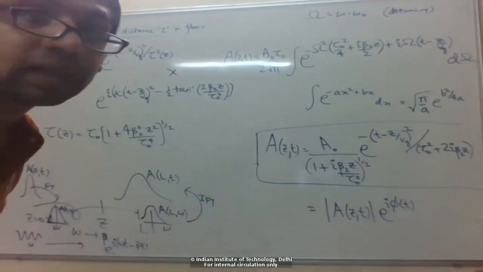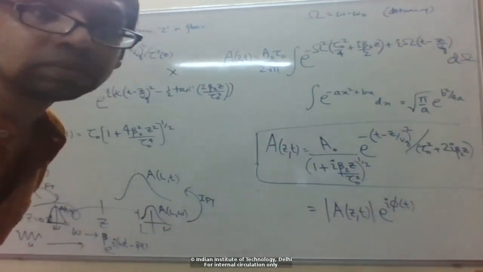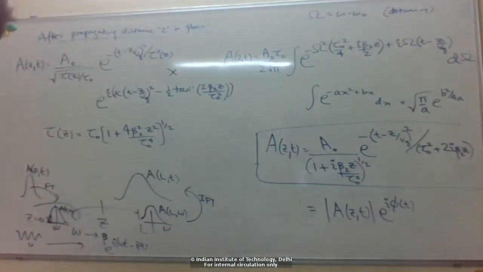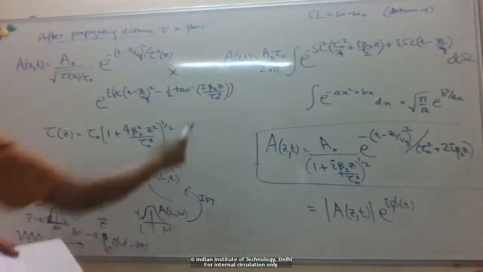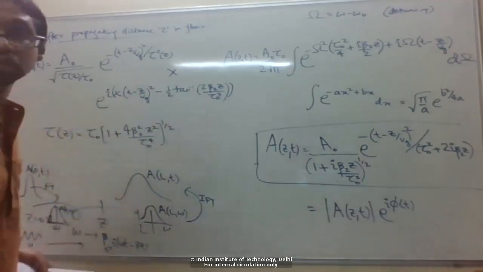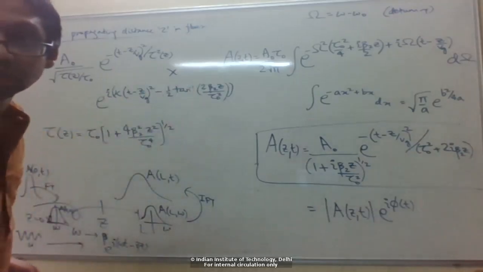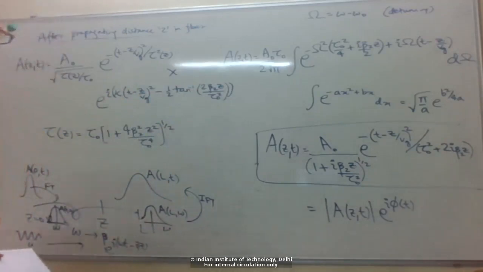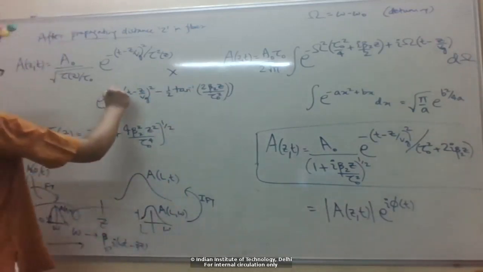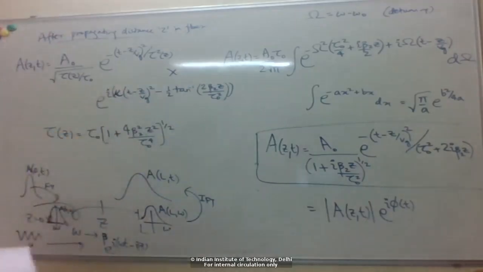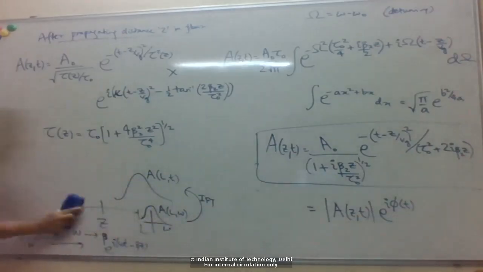Can you read out the second term? Yeah, this is kappa. We have to define this. This is not K. Anyway, I hope it is clear why we are taking Fourier transforms.